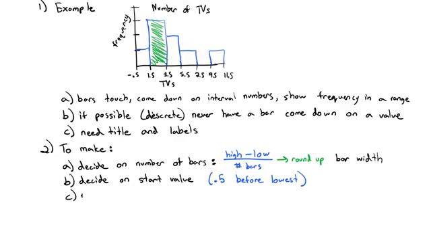Then it's helpful to make a frequency table, like we saw in section 1, with ranges. With the ranges that we found in parts A and B here. And we can use that frequency table then to build the histogram.